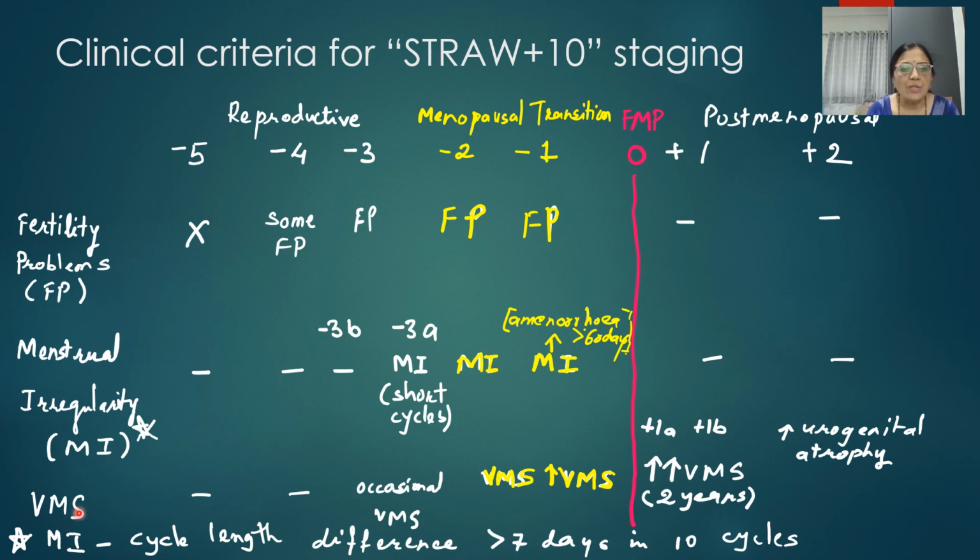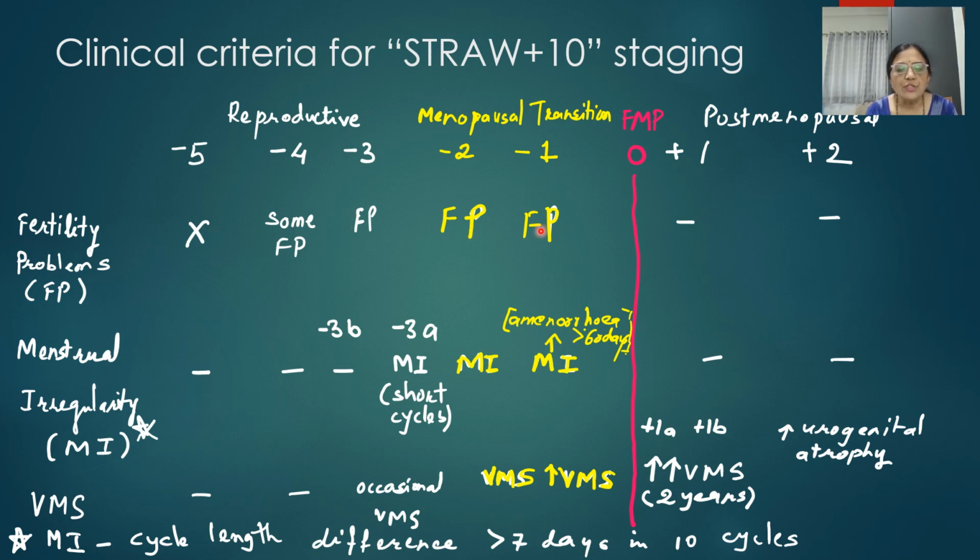And third is vasomotor symptoms. VMS is vasomotor symptoms. So as expected, in the early reproductive phase, there are no fertility problems. In the peak reproductive phase, few patients might show fertility problems, but the late reproductive phase, that is -3, can have fertility problems.